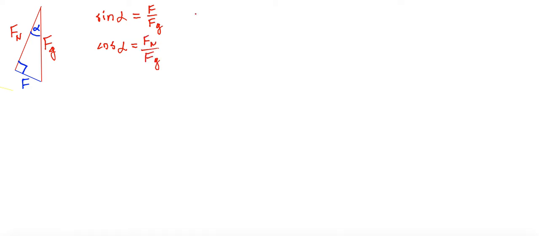Okay, so let's continue. Force is equal to Fg times sine of the angle. Yes? So this overall force acting on the object placed on the slope, if friction doesn't exist, is equal to the gravitational force acting on the object times sine of the angle.